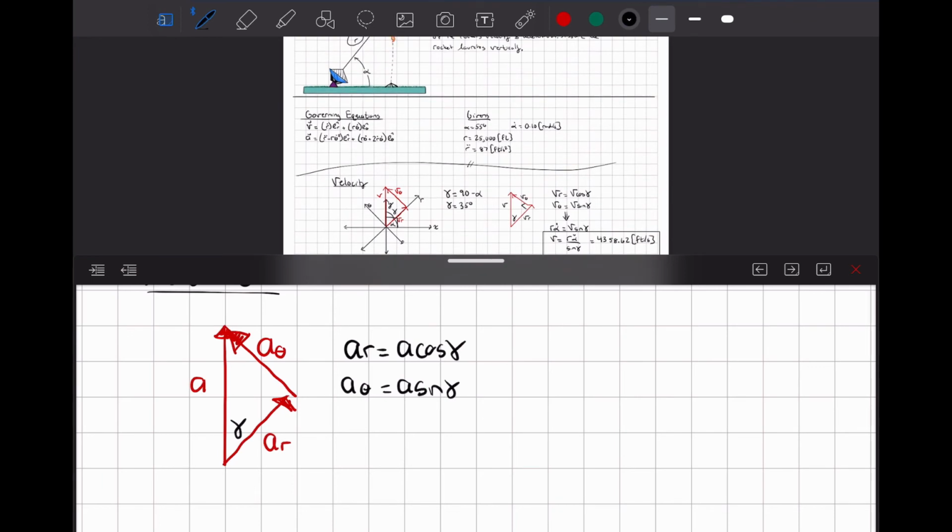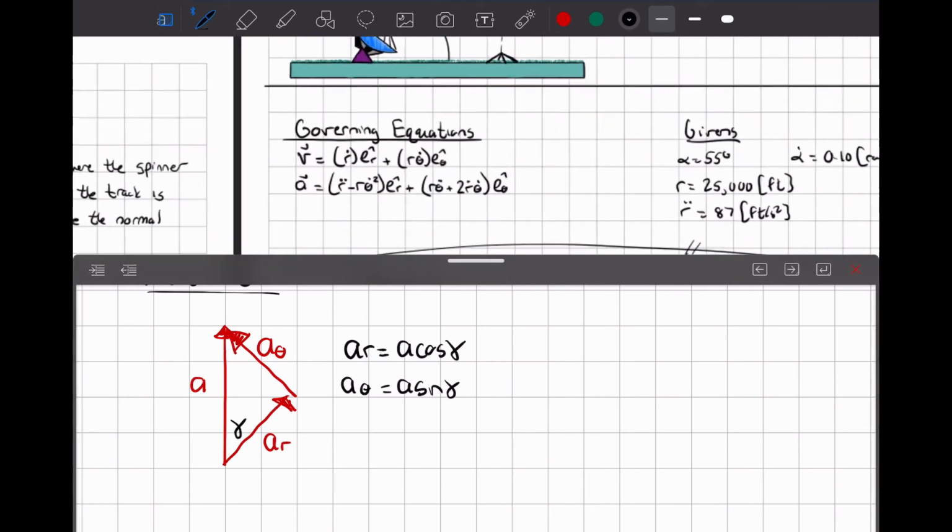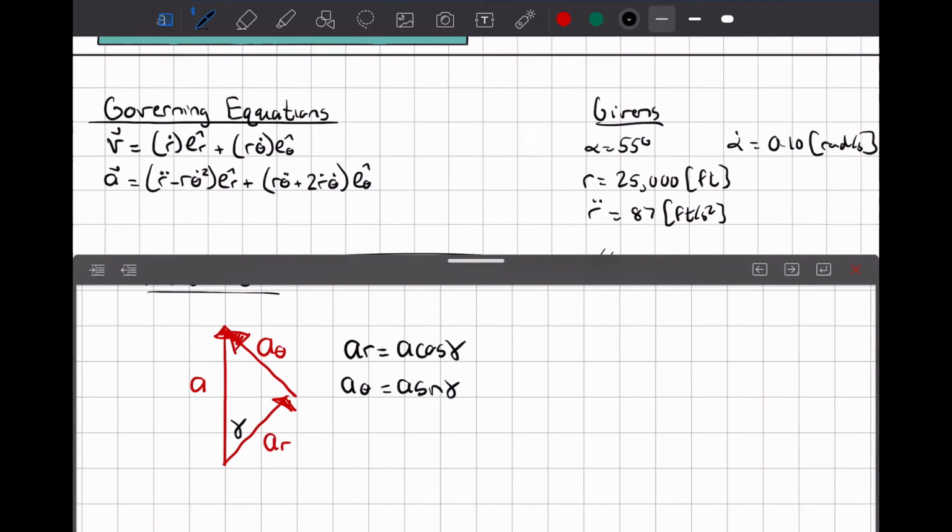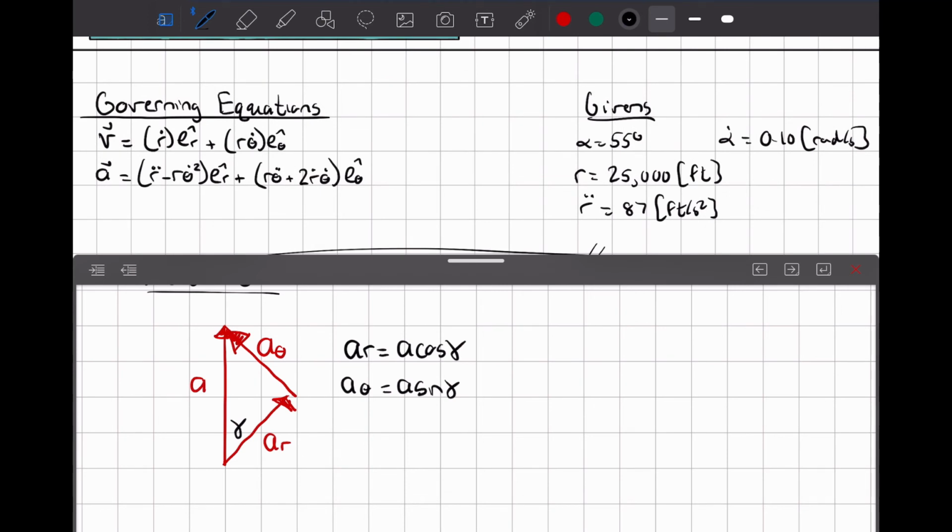But if we look at our governing equations here, let's see what we know. If we look at AR, we know R double dot, we know R, and we know theta dot, which is alpha dot. If we looked at A theta, we do not know the angular acceleration, so we wouldn't want to use that expression.